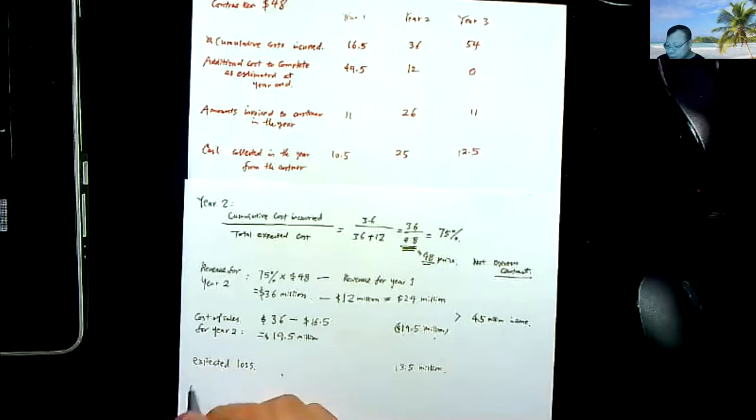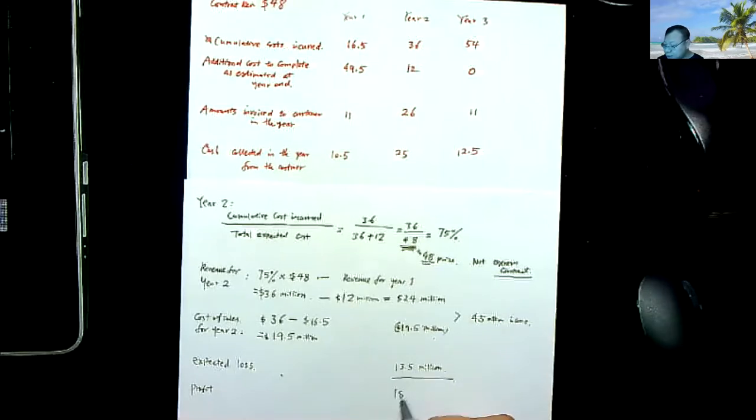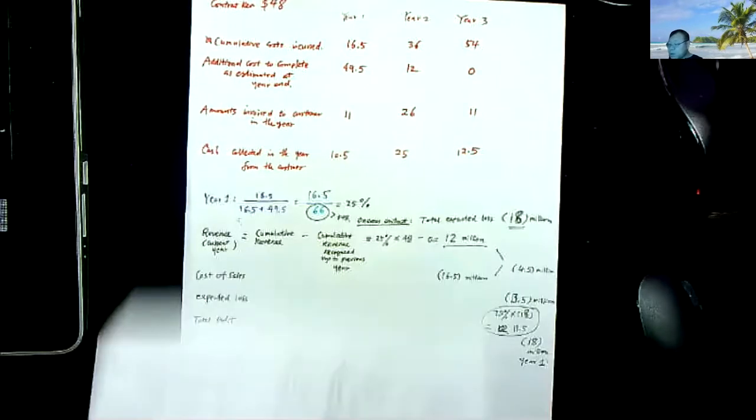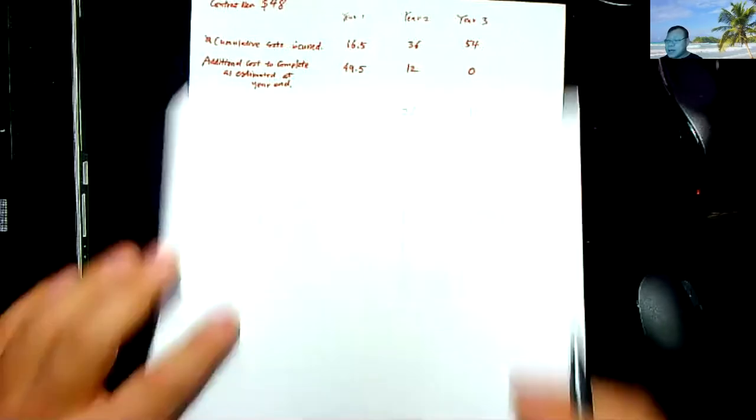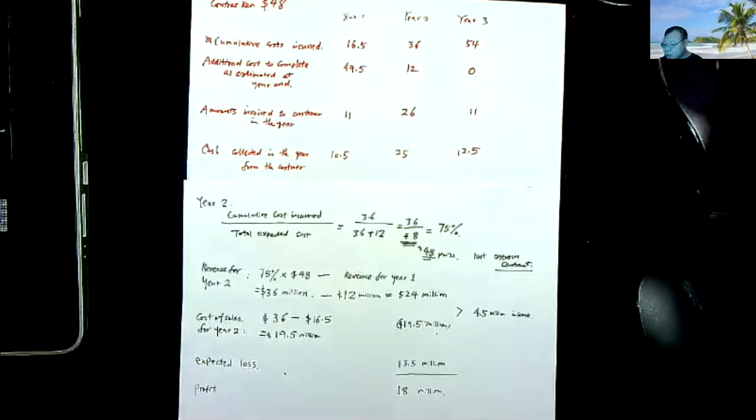Okay, so what's your profit? Your profit will be 18 million. So that's very interesting. In year one, you recognized a loss of 18 million, and in year two, you recognized an income of 18 million.